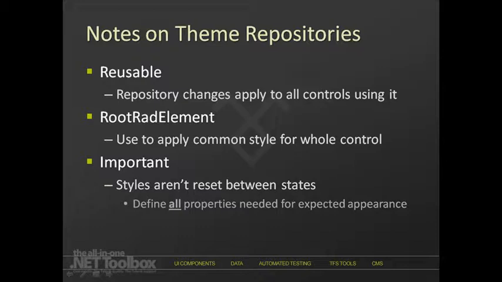And when you go back and change a setting on that repository, it's going to reflect that change in every single one of those controls that it's been applied to. So it's a pretty convenient feature. You could build a basic color schema that you want to work with in your application, and then define that on all of your controls using a theme repository, and if later on you decide to change it, all you have to do is change those repositories instead of going back to each individual control.